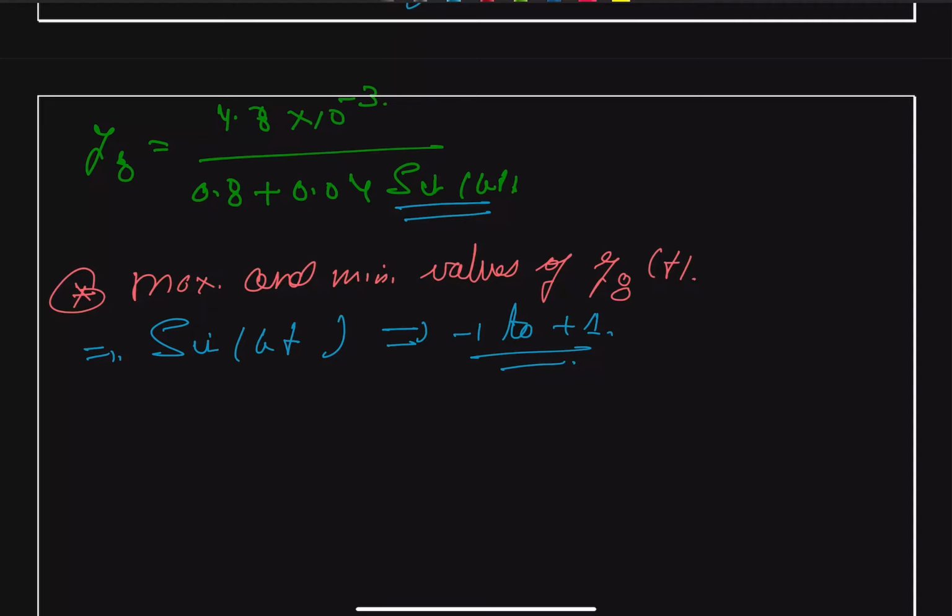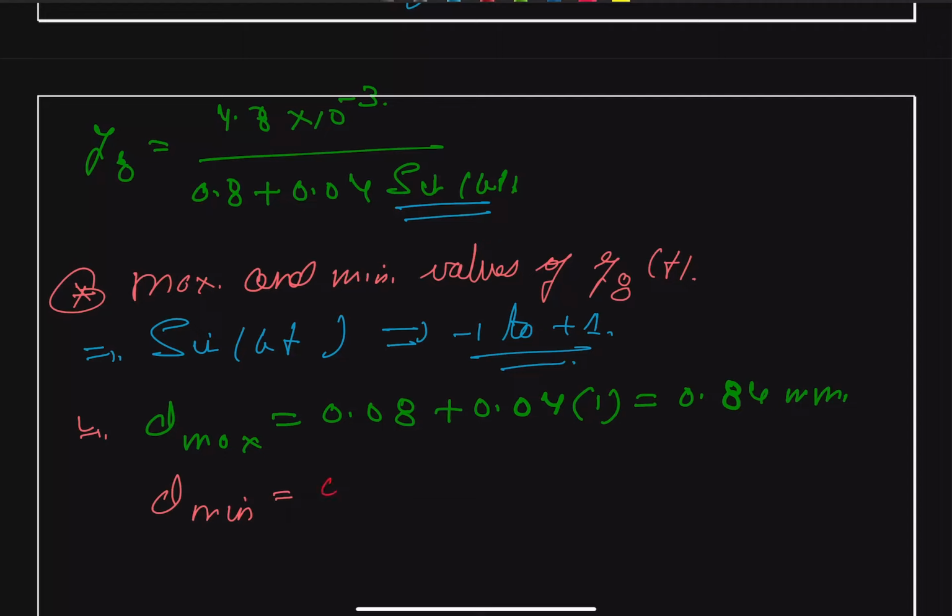Therefore the minimum and maximum slit separation: we can write that d max will be equal to 0.08 plus 0.04 multiplied by 1, giving us 0.84 millimeter.